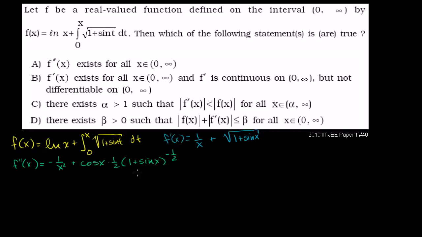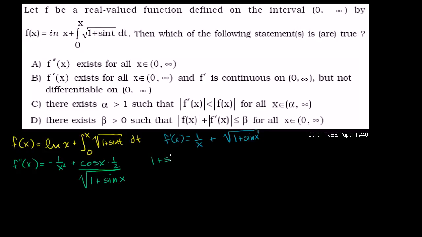When you take something to the negative 1/2 power, I could rewrite it in the denominator as the square root of 1 plus sine of x. So if this denominator is 0, the second derivative will be undefined. So let's think about when that denominator might be 0.